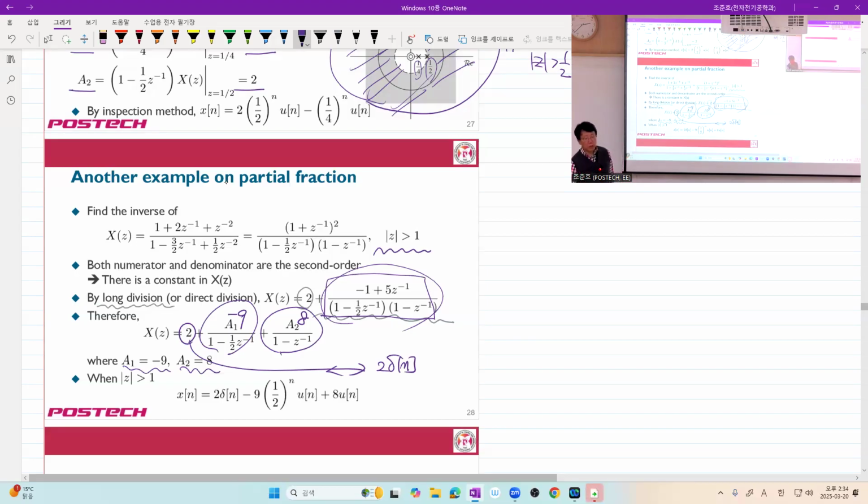When you consider this outward region of convergence, causal exponential signals, you convert this one as a causal exponential signal, and you convert that one also as a causal exponential signal. So you have -9 times 1/2 raised to the power of n, u[n], and 8 times u[n]. Got it?